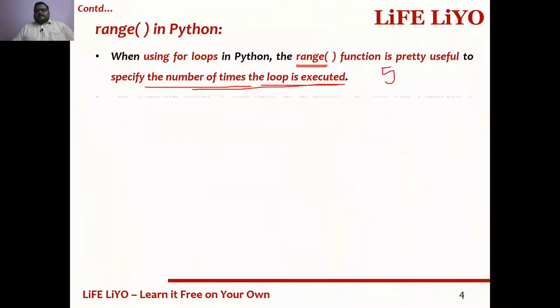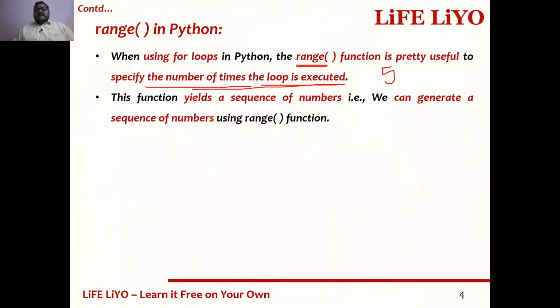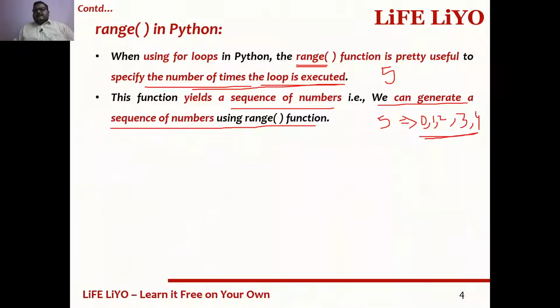The function yields a sequence of numbers, that is, we can generate a sequence of numbers using the range function. For example, if you are given 5, it will go 0, 1, 2, 3, 4. These are the sequence of numbers generated with the help of the range function.